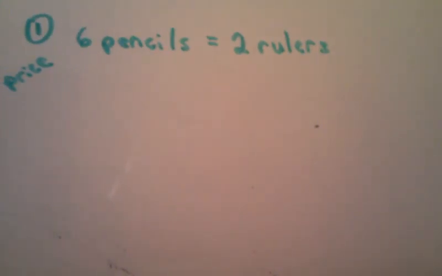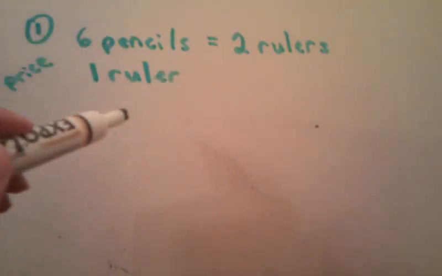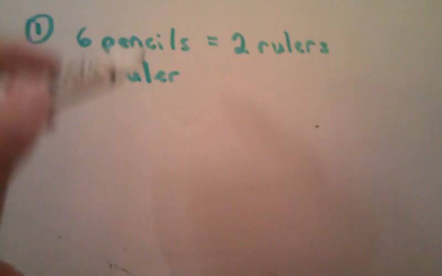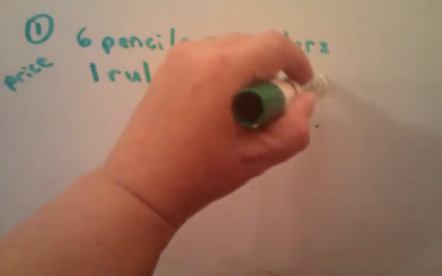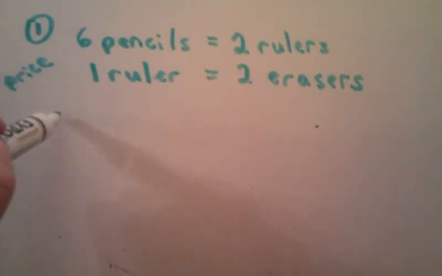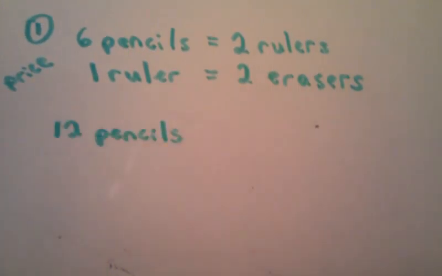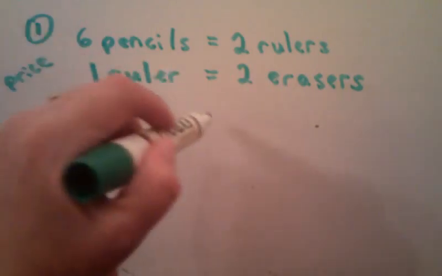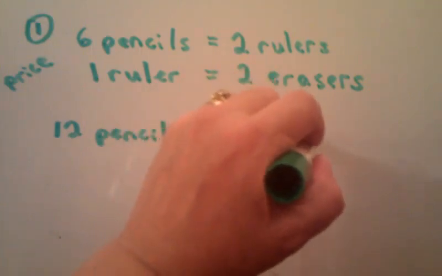And it says one ruler is equal in value to 2 erasers. So it wants to know 12 pencils are equal in value to how many erasers?